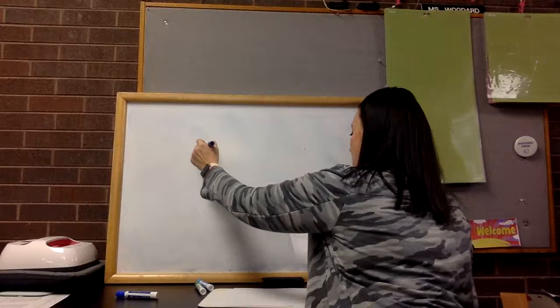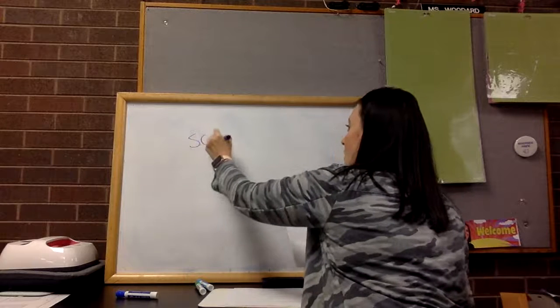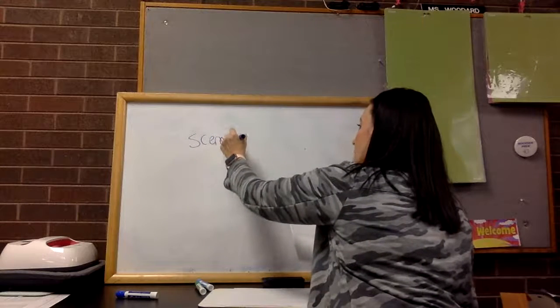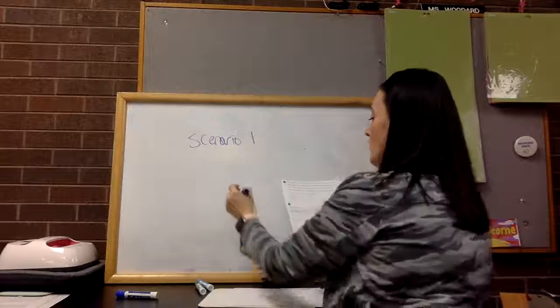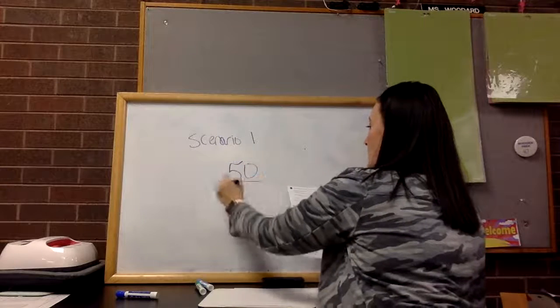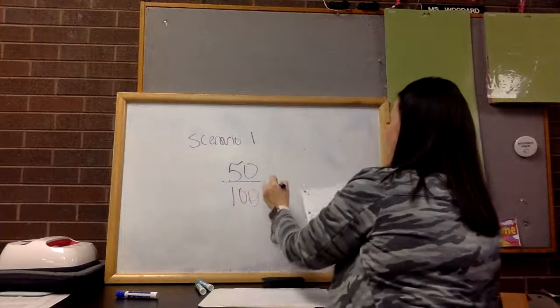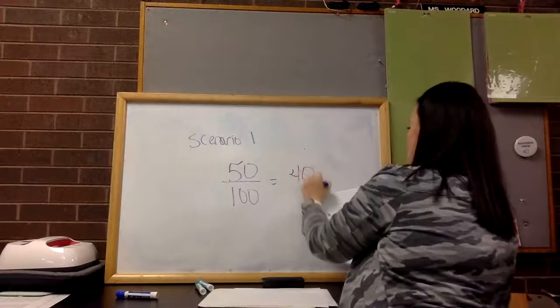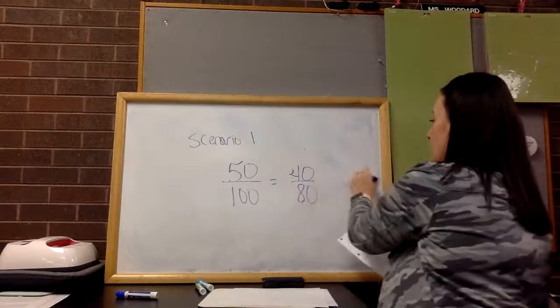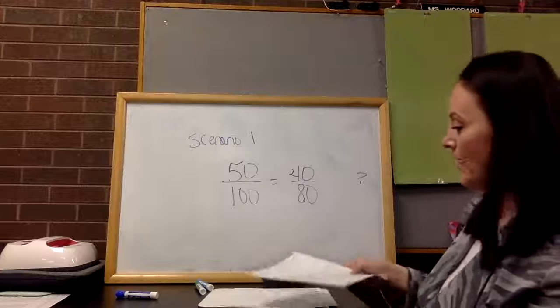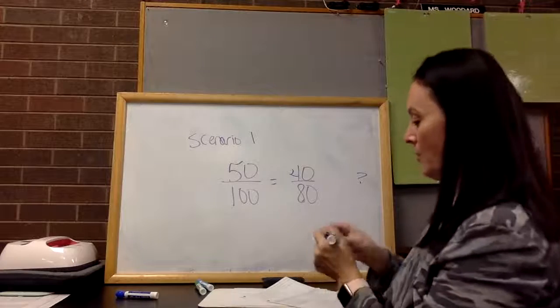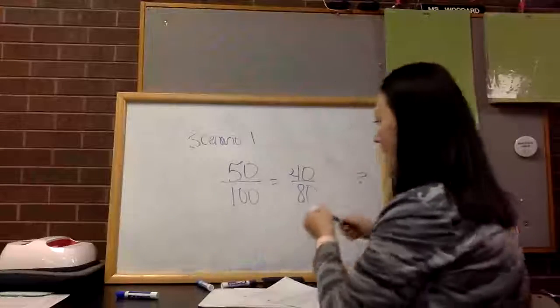Number 16 is asking you guys to look at these scenarios and determine if they are proportional. Scenario 1 says that Olivia prepared 50 cookies with 100 raisins. She also prepared 40 cookies with 80 raisins, and we're asking if these are proportional. The best way to look at two ratios and determine if they are proportional to each other is to cross multiply.